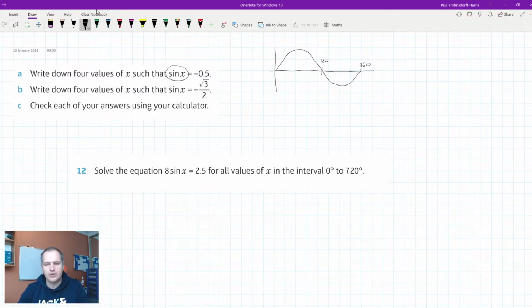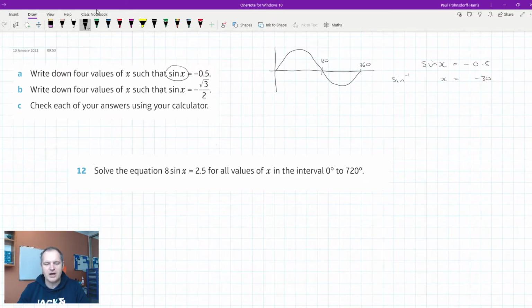What we then do is we take our sine x equals minus 0.5, and instead of reading it off, we use our calculator and use the sine to the minus 1 button, which is shift, then sine. If I shift sine minus 0.5 and then close my brackets and press equals, it tells me the answer is minus 30.